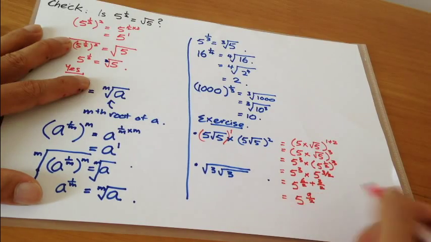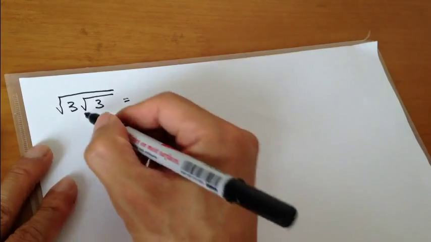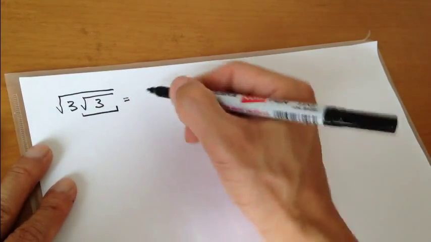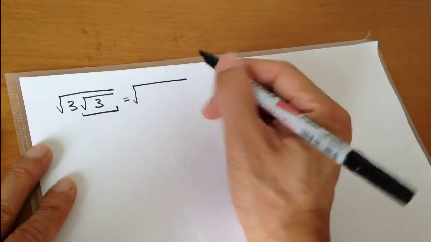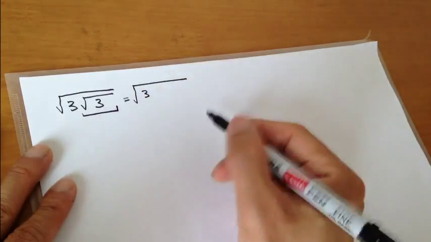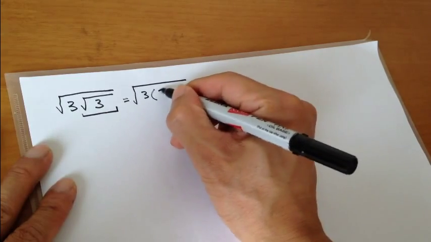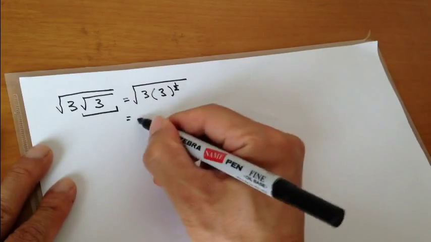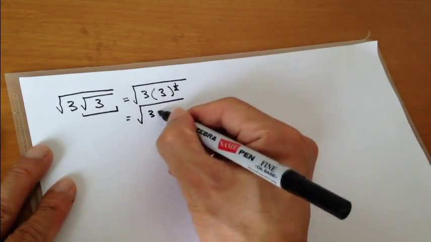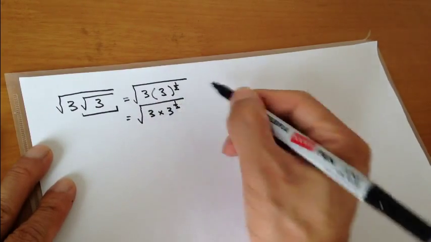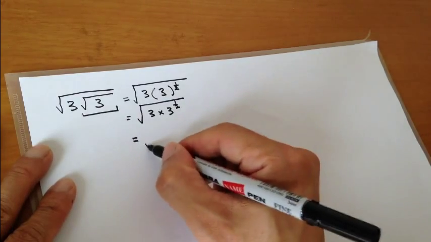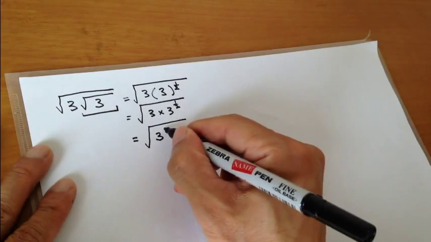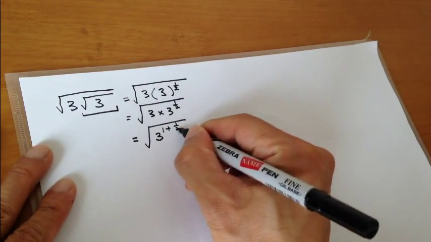So the answer is 9 over 2. So we need to simplify this. As usual, we're going to start from the innermost item. So square root of 3 inside can be changed into 3 to the power of half. And that means we have now 3 times 3 to the power of half. Using one of the laws of exponent, that would be just adding up the indices, 1 plus half.